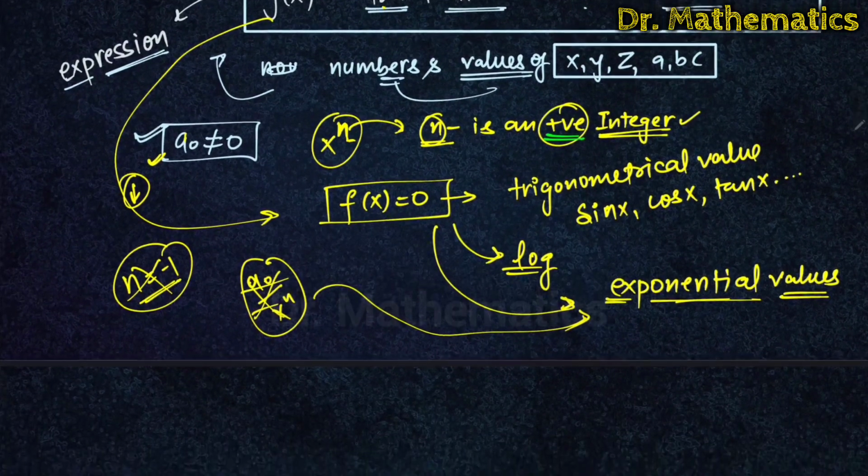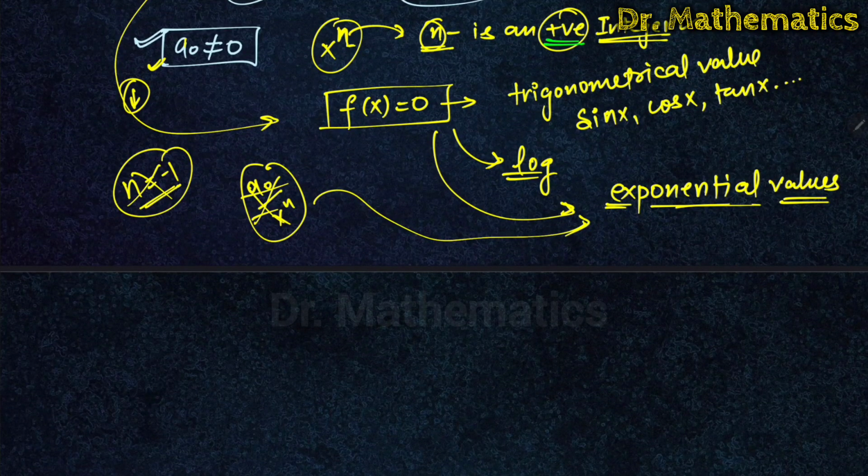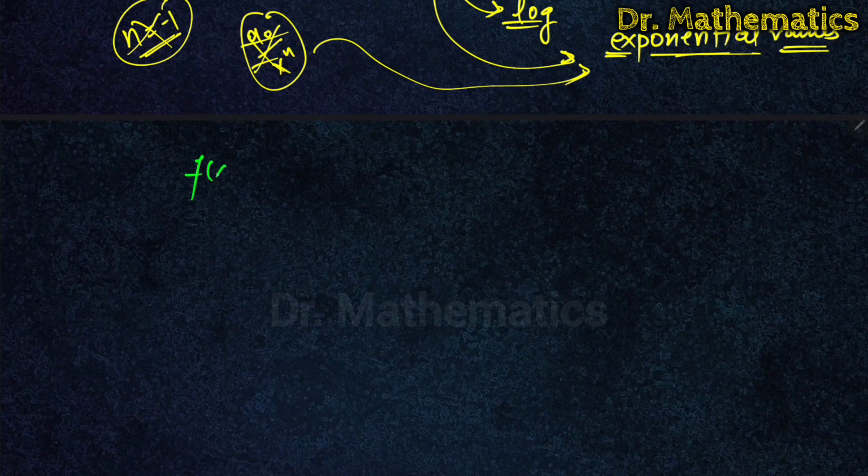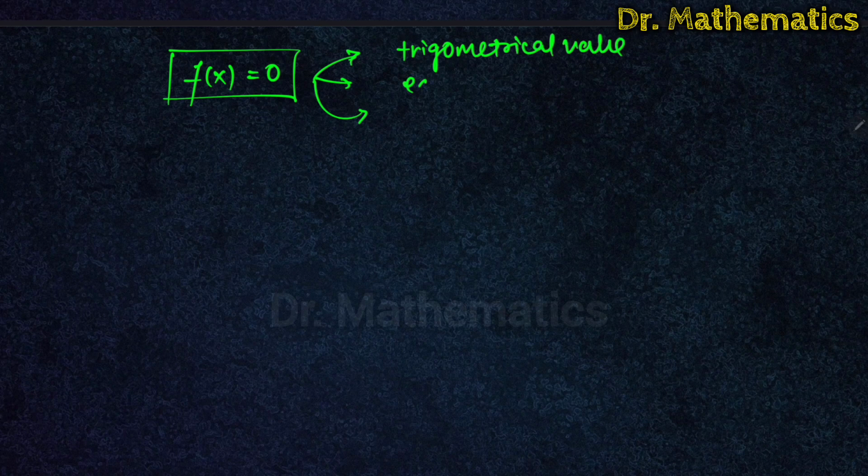It is very important. So you will ask me, sir, can you tell me if f of x is equal to 0 is an algebraic equation when this equation contains these things, any one or all of them: trigonometrical values, exponential values, or logarithmic values?